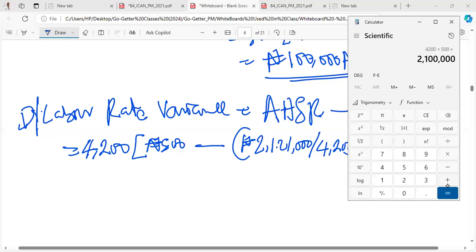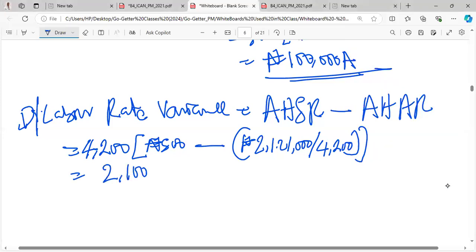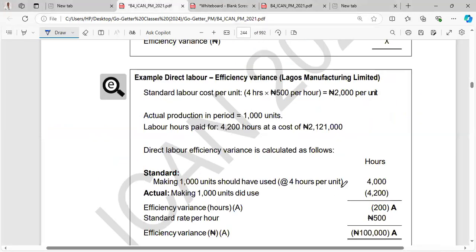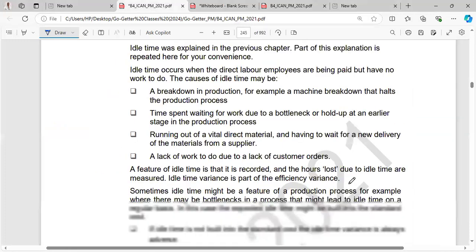This would have given us 2,100,000. Of course, this is going to give us 2,121,000. So that will give us how many? Is that what they got there?